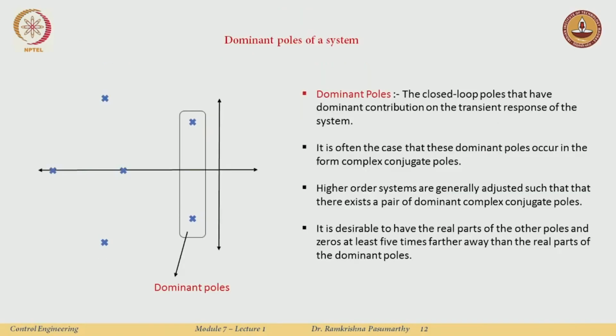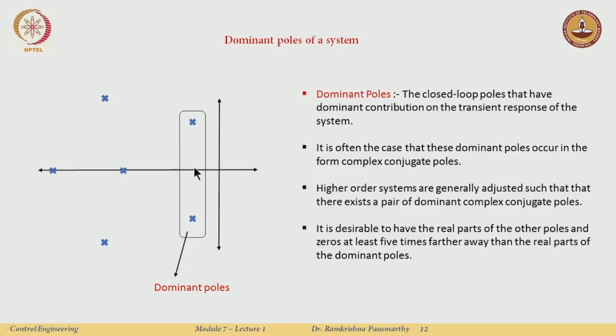Okay, so this leads to the definition, or characterization, of the dominant poles of the system. The dominant poles are the closed loop poles that have a dominant contribution on the transient response of the system, and it is quite possible that these occur in conjugate pairs.